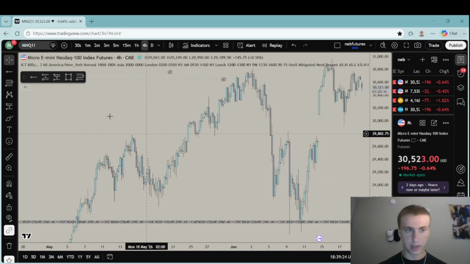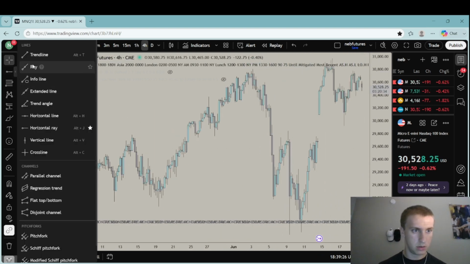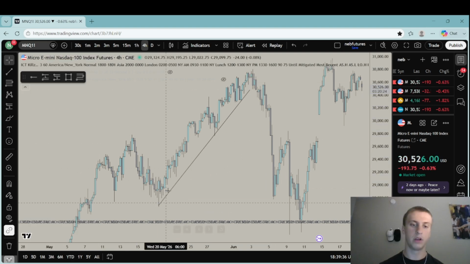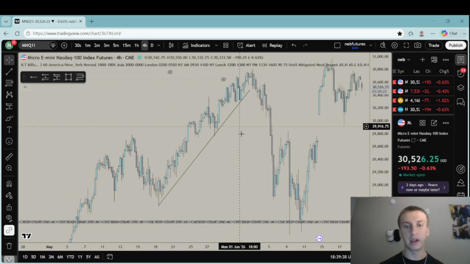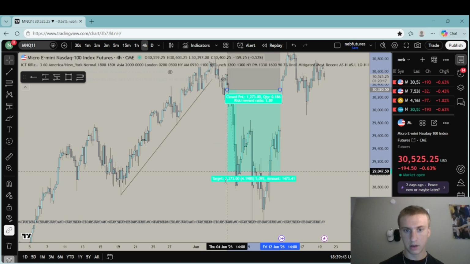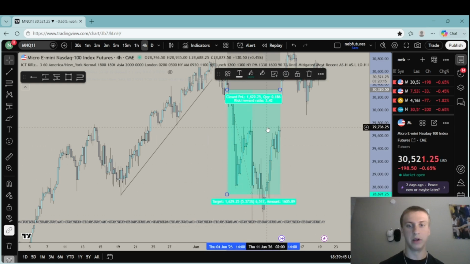Right here's an example. Get our trend line here. All of this liquidity here is just begging to get taken out, and then as you can see, it all gets taken out in one big dump.